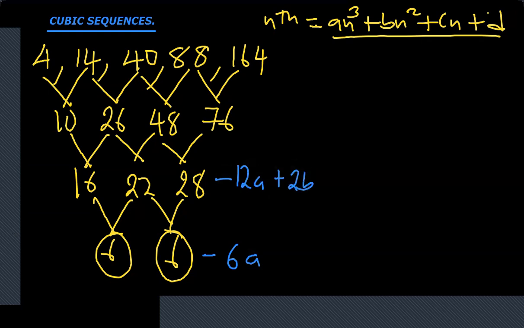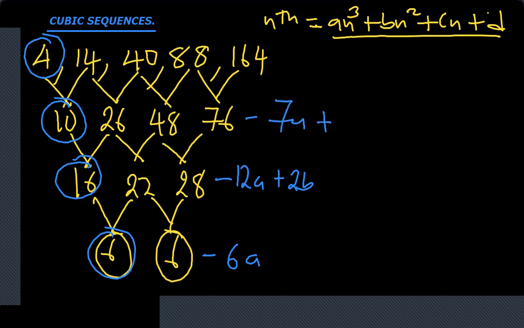For the first difference, we use the expression 7a plus 3b plus c. Those are the expressions you're going to use. And then of course, we also need a plus b plus c plus d.